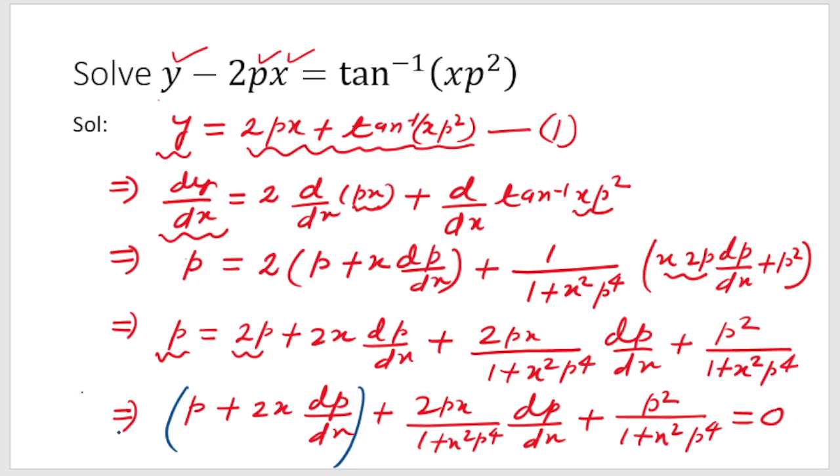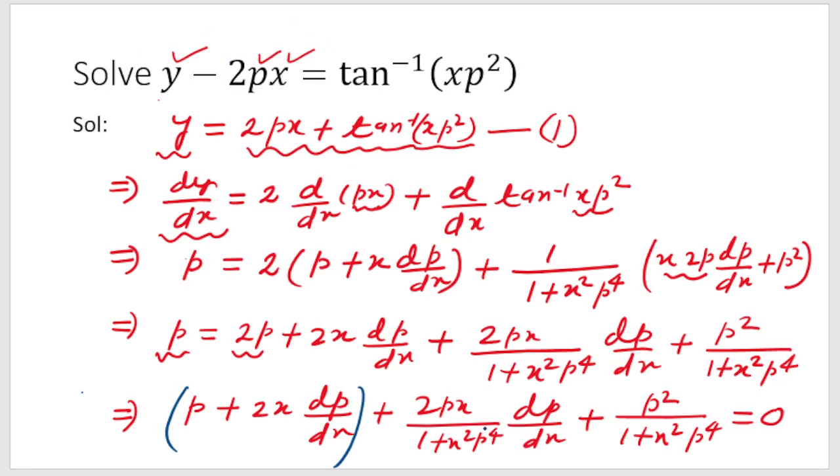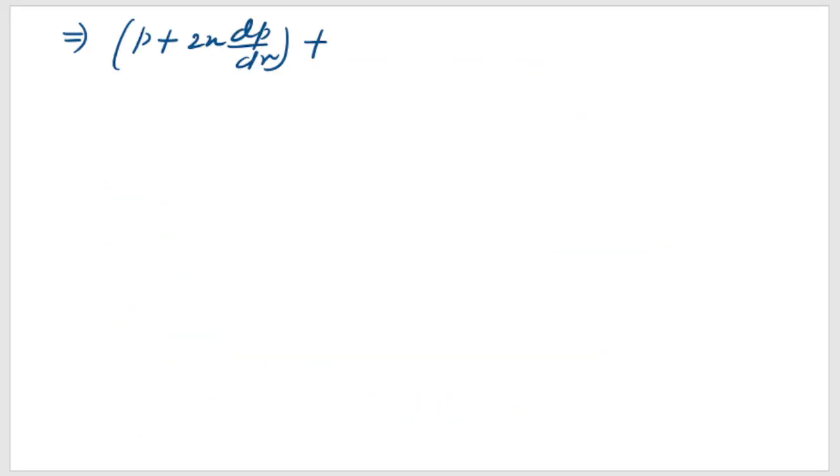So what I am saying is that the first term, p plus 2x dp by dx, I am copying as such, no change. And from the next two terms, we take p by 1 plus x square p to the power 4 common.